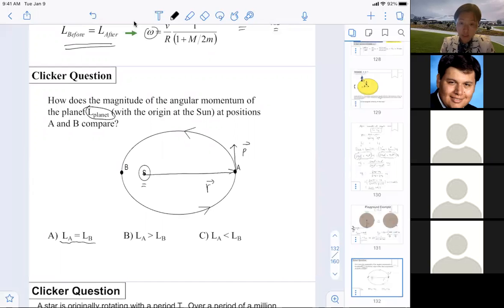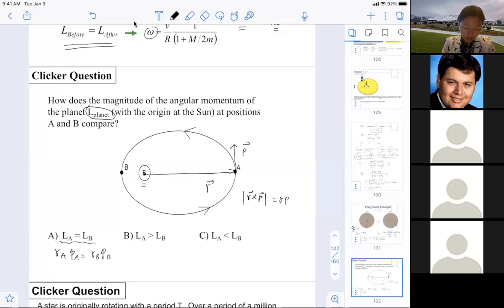So this is r cross p, and you can see they're perpendicular, so I can write the magnitude as r times p. So r_A p_A is equal to r_B p_B.